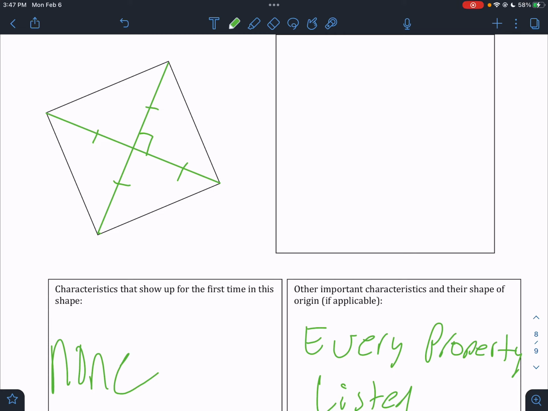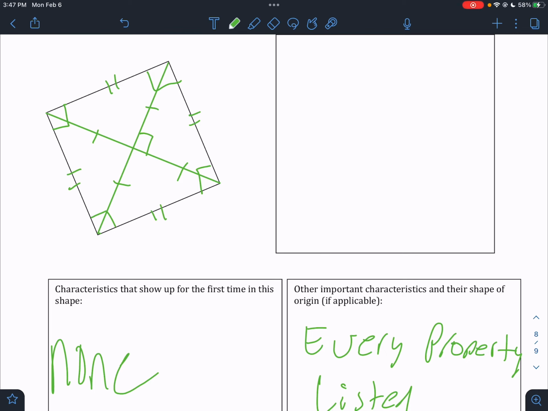We got opposite corners equal. We got opposite sides equal. We got diagonals that bisect each other. We got consecutive corners that add up to 180. Then we went over to the rectangle. We learned that all the corners have to be 90. And then we went to the rhombus and we realized that all the sides have to be equal. And the corners are cut in half.